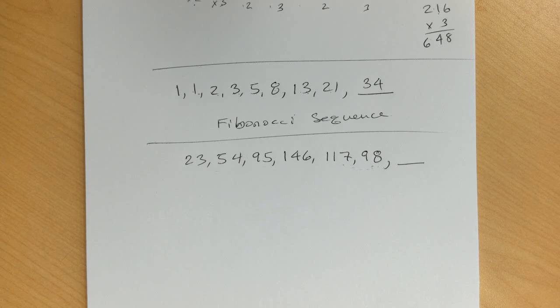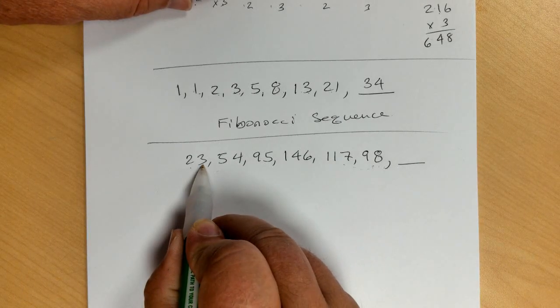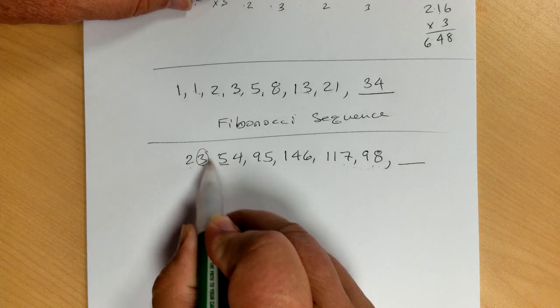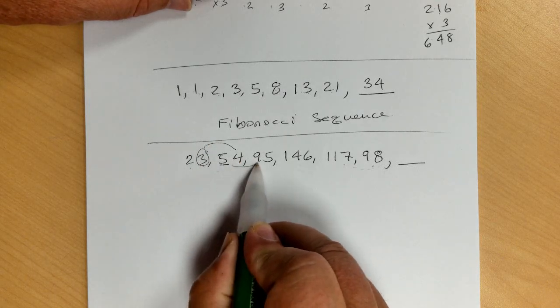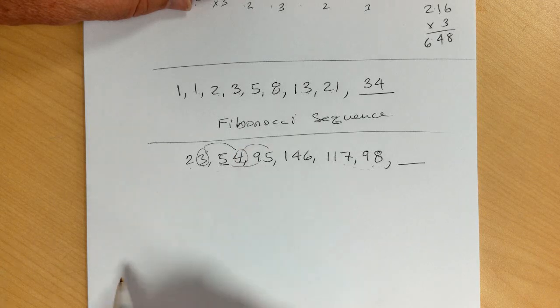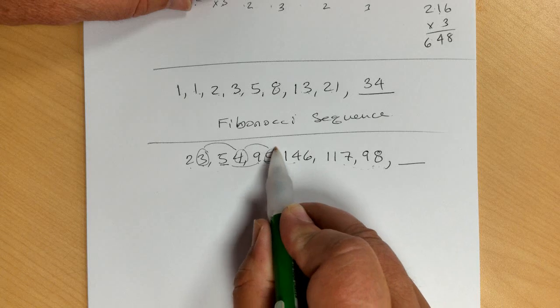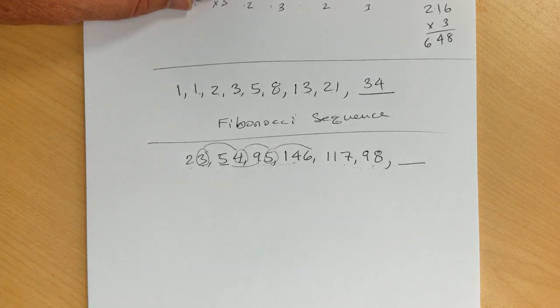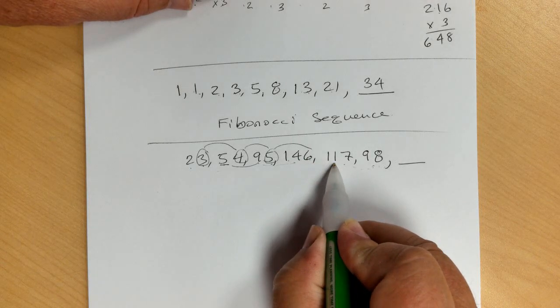It has to do with not looking at these as two. This is not 23. It's 2 and 3. 2 plus 3 is what? Add 1 to this number. 5 plus 4 is add 1 to this number. 9 plus 5 is add 1 to this number. 6 plus 4 plus 1 is 11.